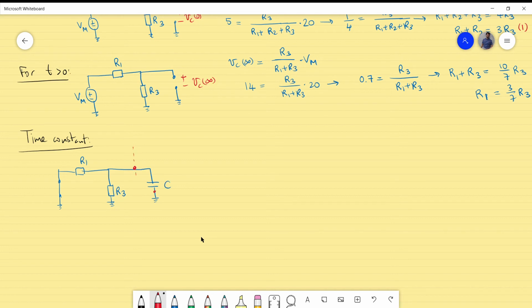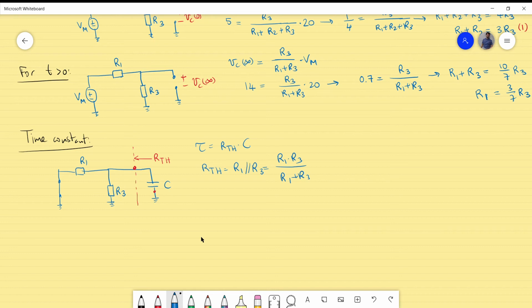So if I look to the left and determine the Thevenin resistance seen by the capacitor, which will give us the time constant, because the time constant is the Thevenin resistance times the capacitor value C. And the Thevenin resistance here is the parallel combination of R1 and R3, which is given as R1 times R3 divided by R1 plus R3.